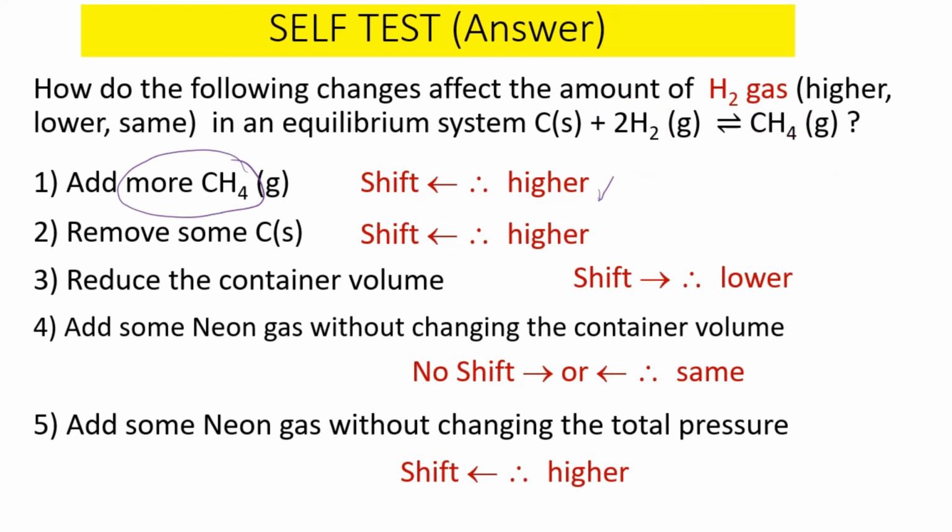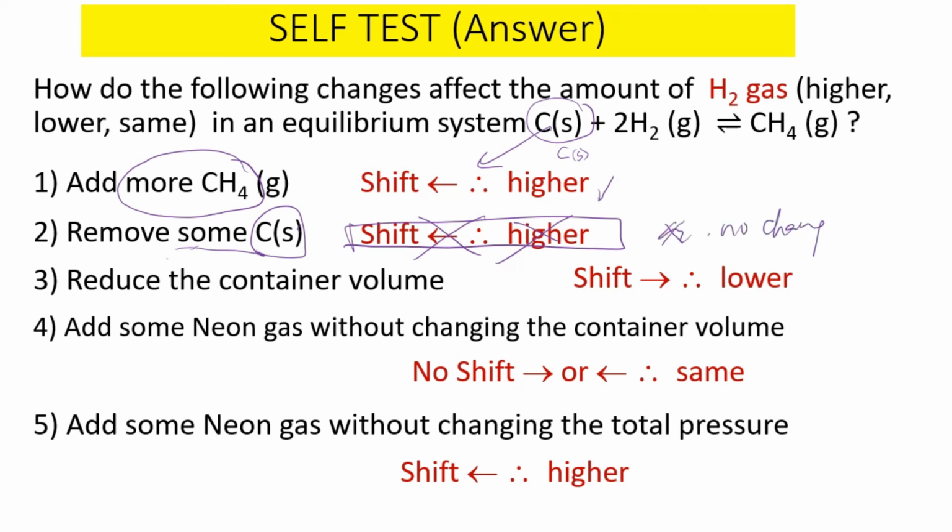About the second scenario, if we remove some carbon, this is carbon, the amount of carbon will be less. So how do we re-achieve equilibrium? Oh, sorry, this is solid. Solid means nothing will happen. No change, because solid does not affect the system.